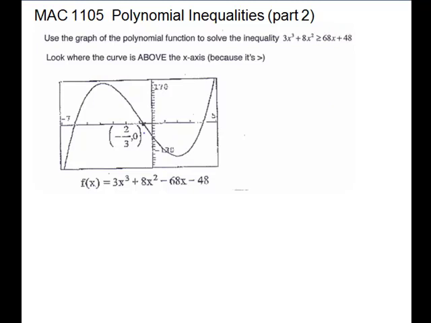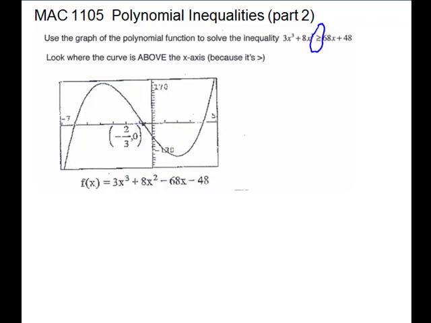So this is the graph of y equals this, and our inequality is greater than or equal to. So we want the parts that are above 0, and this looks like negative 6 to, and they're giving us the coordinates here because it's not on an integer, to negative 2/3.